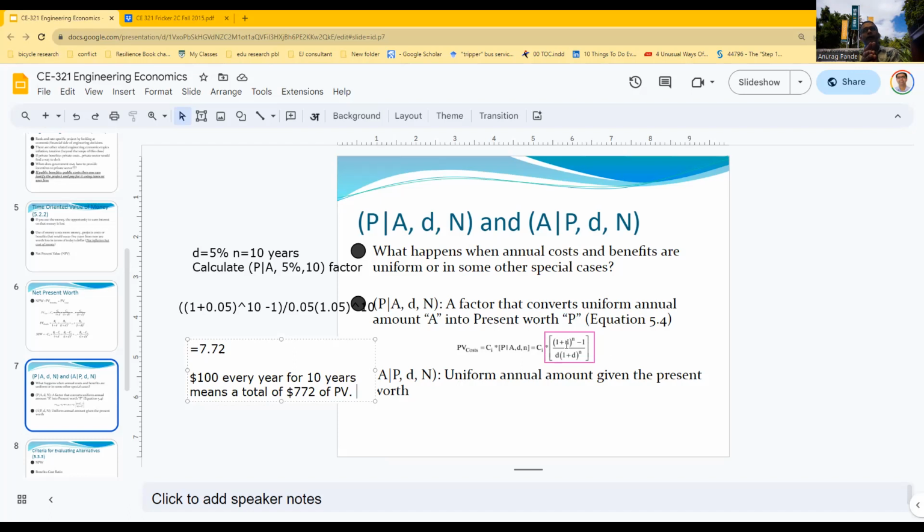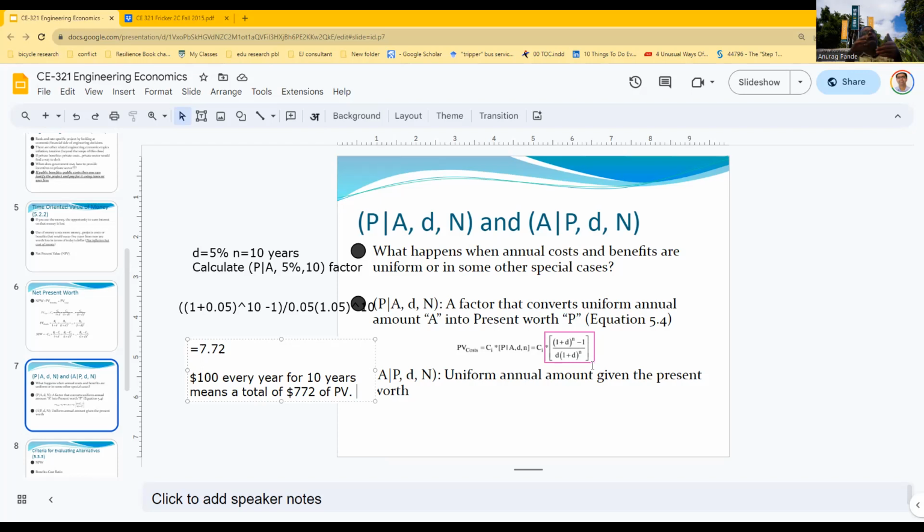By the way, if your interest rate were 0%, if you're not making any money on the $100, and you substitute D equal to 0 in this equation, the equation doesn't quite work; you cannot actually estimate the value. But if D is 0, then the present value of each $100 would be 100 over 1 plus 0.